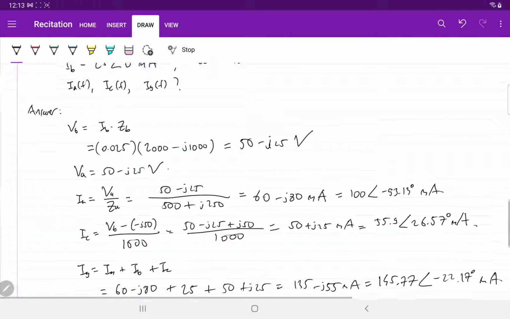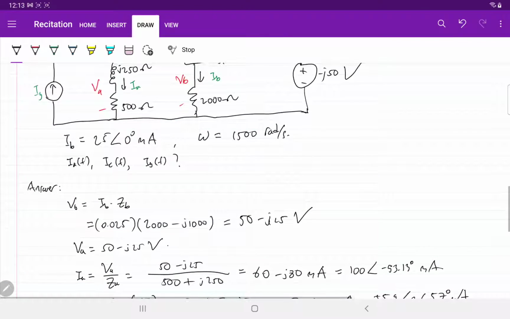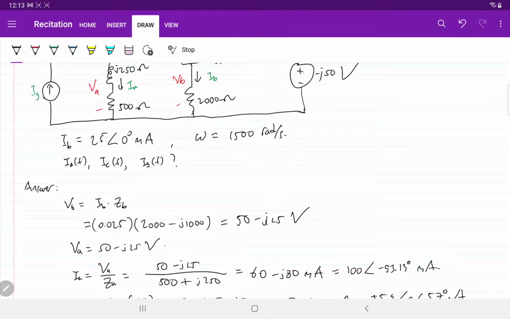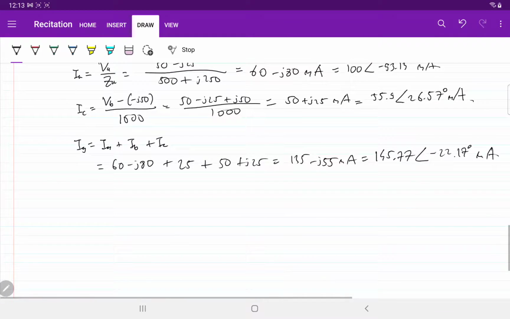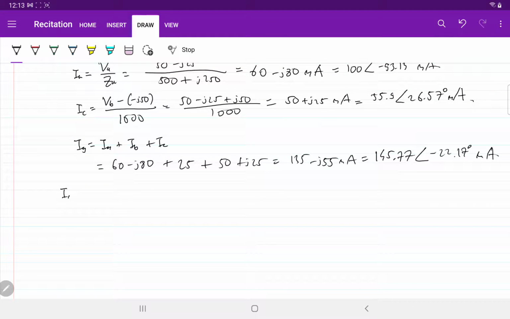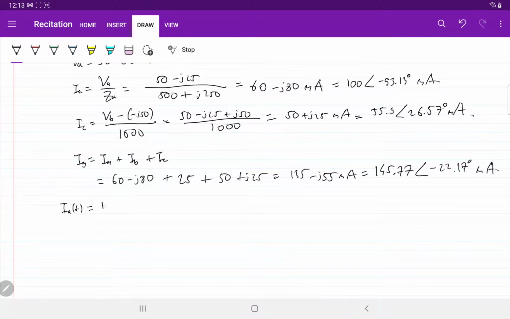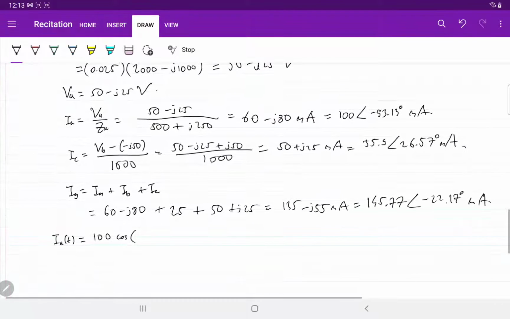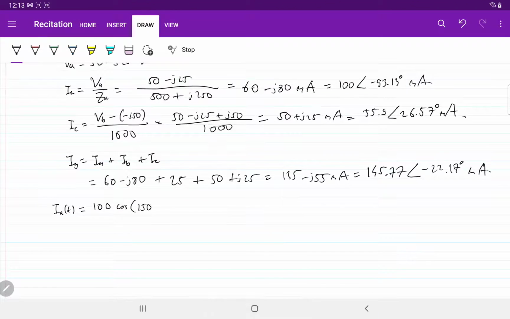Okay, but the question is the values of IA, IC, IG in time domain. So we need to convert them into time domain. IA of t is 100 cosine, and the frequency is 1500, so 1500 t minus 53.13 degrees milliamps.